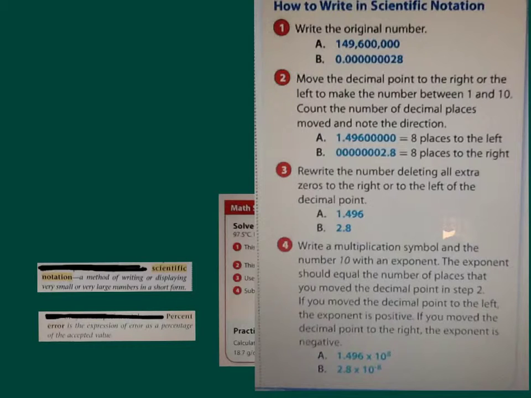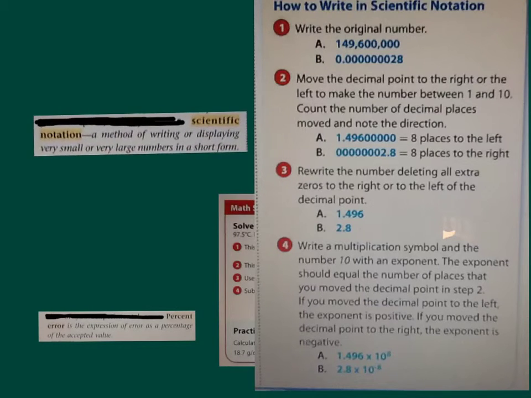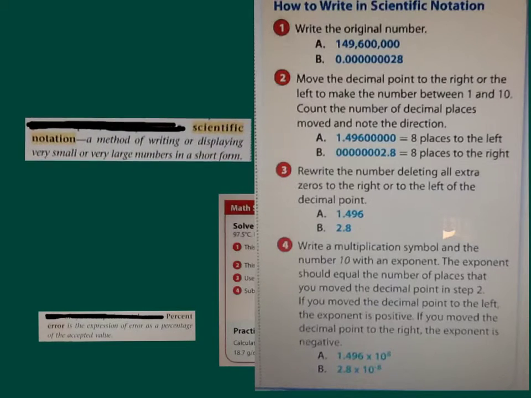Now, suppose you want to include those two things in your written report. Saying all those zeros was kind of silly. These numbers take up too much space in your report, so you need to use something called scientific notation. Scientific notation happens to be one of your vocabulary words.